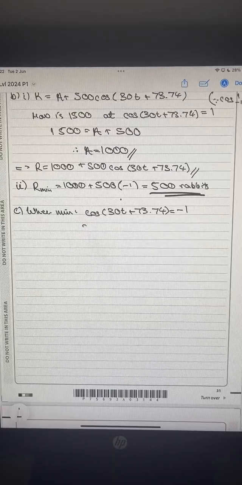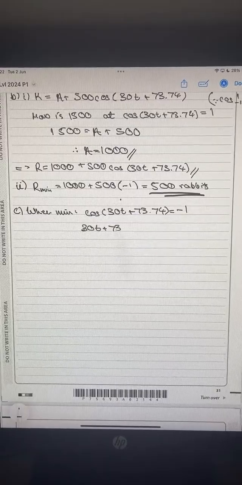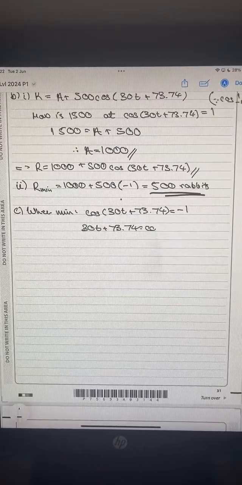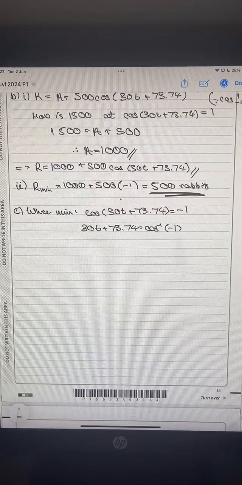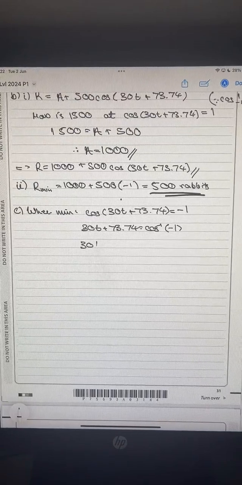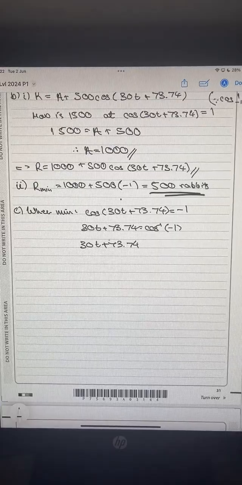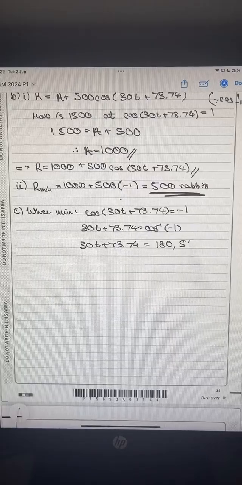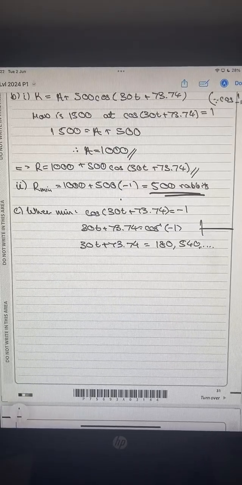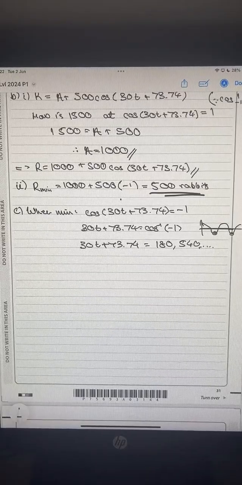So 30t plus 73.74 is equal to cos inverse of -1. And that means that 30t plus 73.74, because remember, that's just what's inside my cosine function, is equal to 180 and then 540 and so on, because of the way that a cosine graph cycles. So it's there and there.